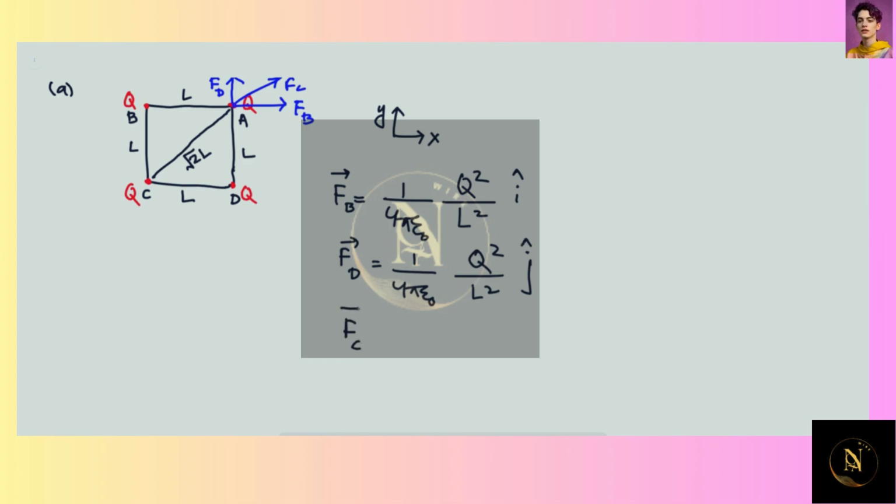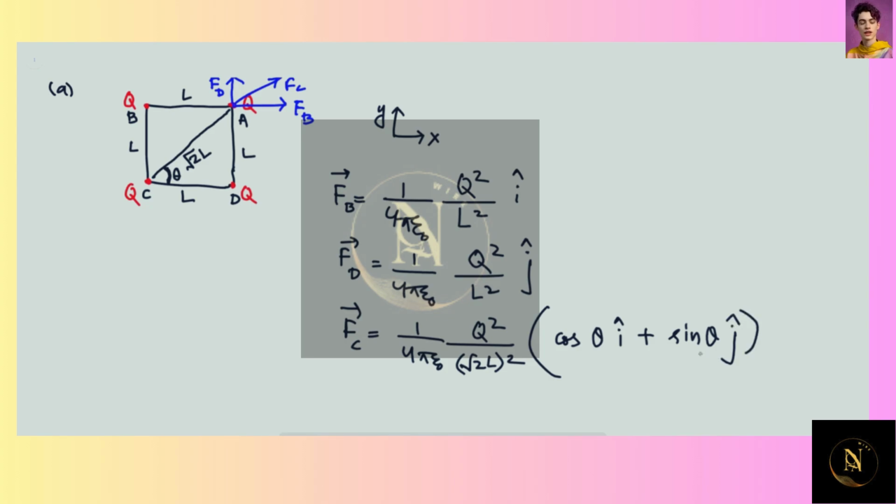And FC will be 1 over 4 pi epsilon naught q square over root 2 L whole square, because that's the distance between these two charges. And we need to write this in terms of components. So we need to take cosine of the angle it makes with the horizontal, the x-axis, cos theta for the x component and sine theta for the y component.